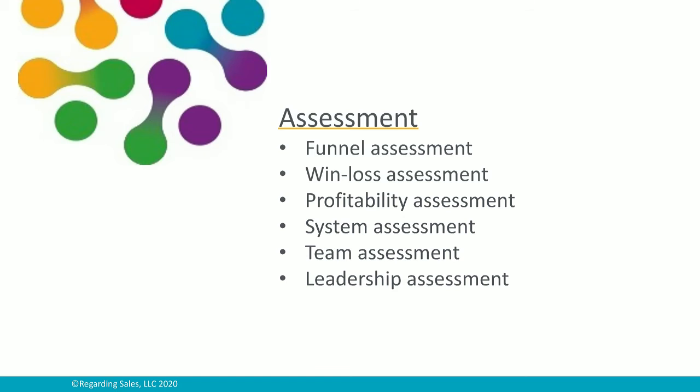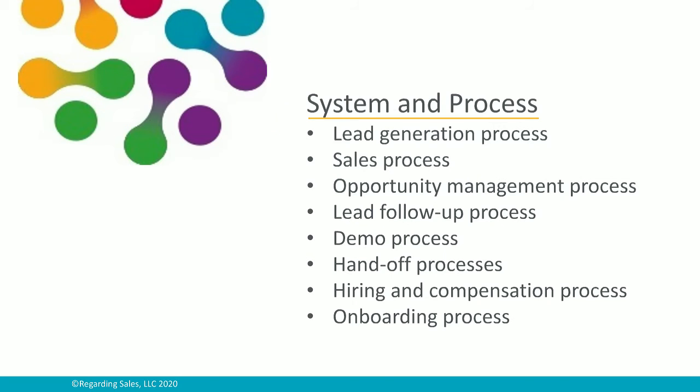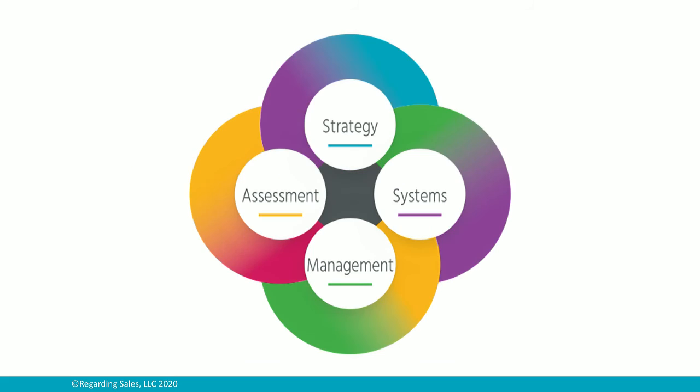We need a way to assess the competency of our sales team. And we need a way to assess our leadership strengths and weaknesses and make changes so that we have the strongest possible leadership team. So those are the four components. I want to back up just a second so you can see how these all fit together.